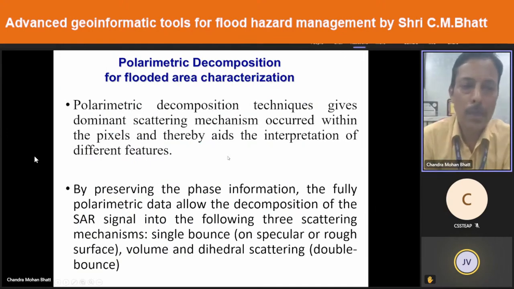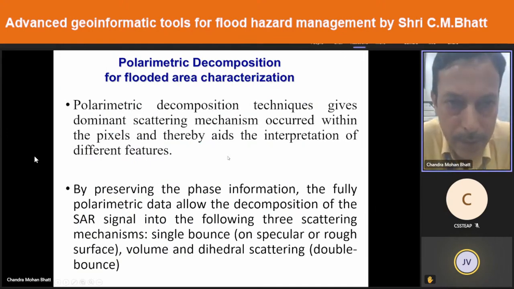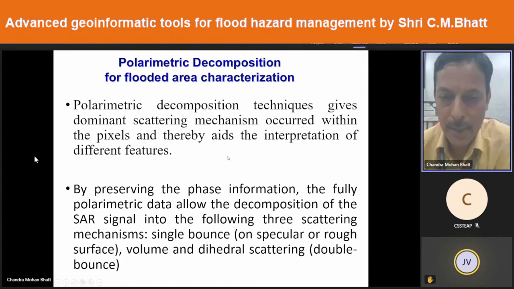So apart from the thresholding technique, there is polarimetric decomposition for flood area characterization. Polarimetric decomposition techniques give the dominant scattering mechanism which occurs within the pixels, and thereby aid the interpretation of different features. By preserving the phase, as I told you earlier, the SAR data has two components: one is amplitude and one is the phase.